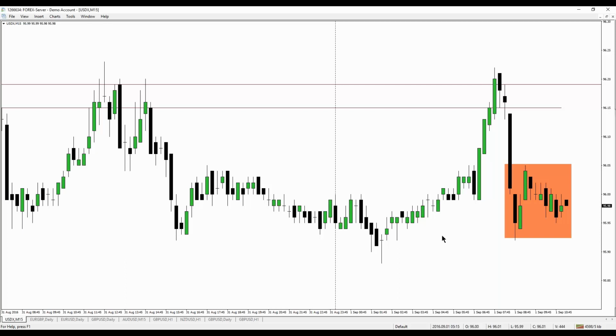So for a New York session setup, we're looking for about 25 pips today. If we get movement up into this level here, 96.15, it could stab up to around 96.18 or thereabouts. We'll be looking for that as a setup for another run lower on the dollar to take out this initial low in early Asia.